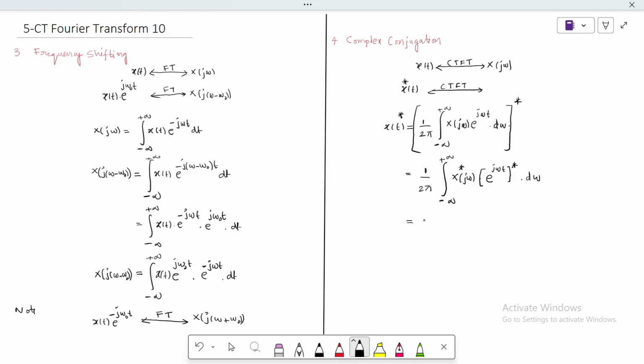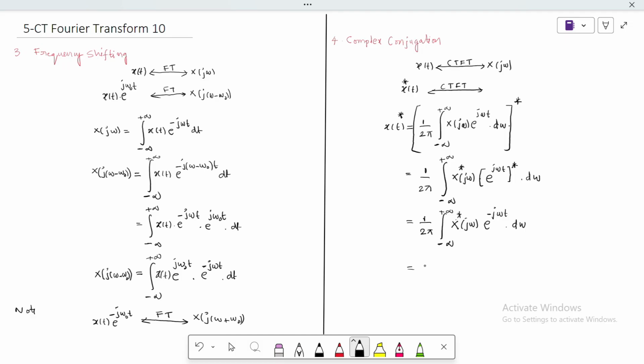So 1 by 2 pi integral from minus infinity to plus infinity of the complex conjugate of x of j omega into e power minus j omega t into d omega. Here the sign of omega is changed.